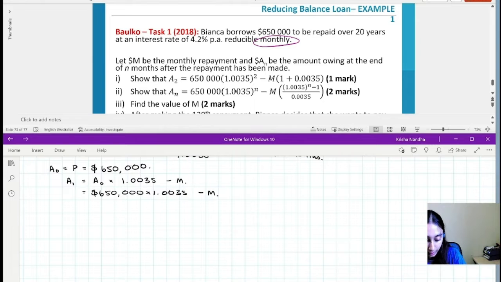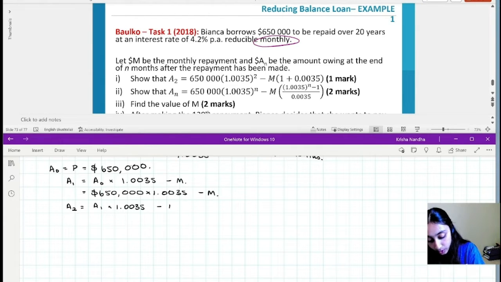Now let's move on to A2, which follows the same pattern. A2 will be equal to A1 times 1.0035.